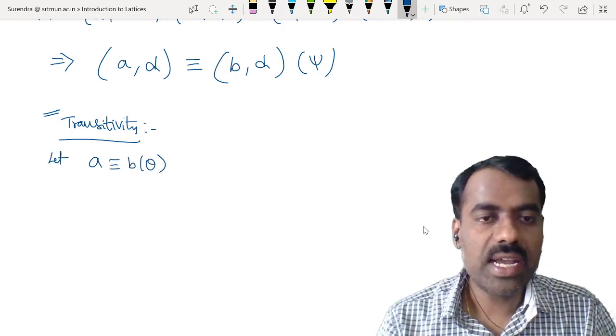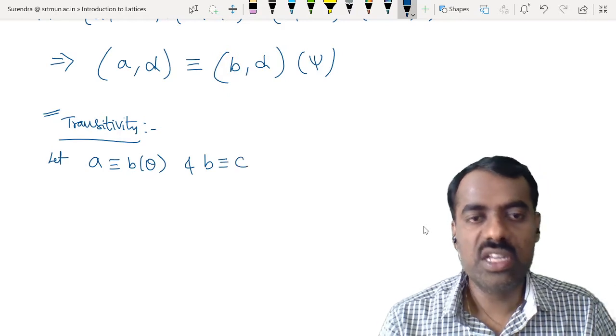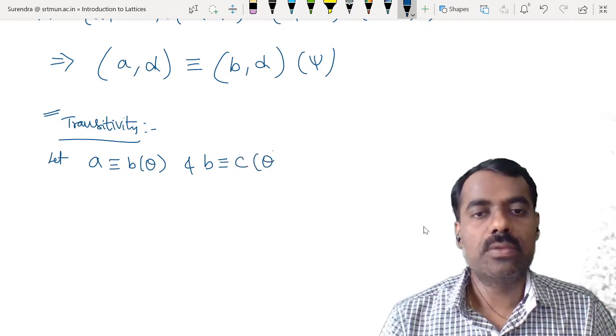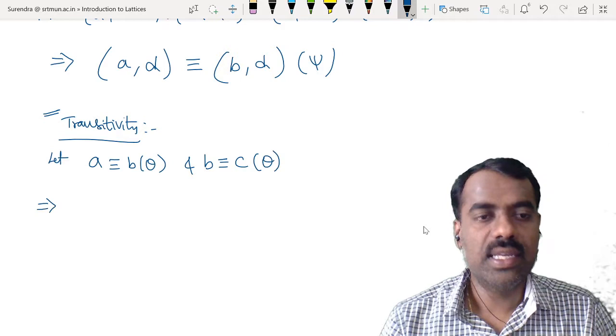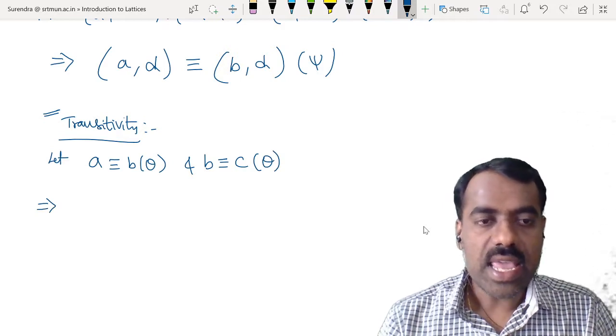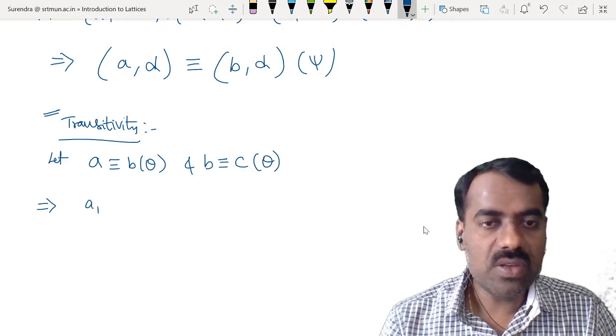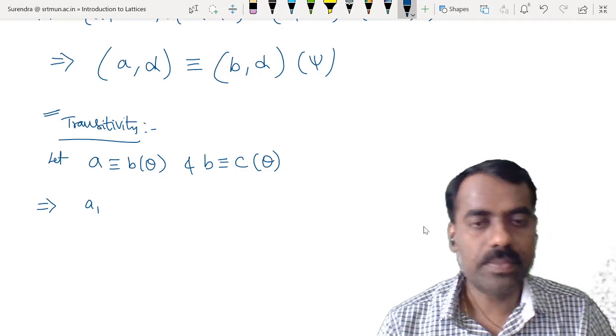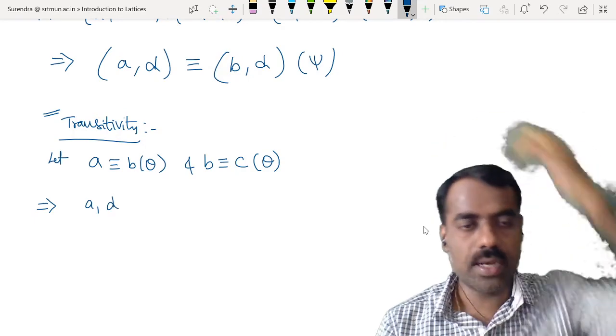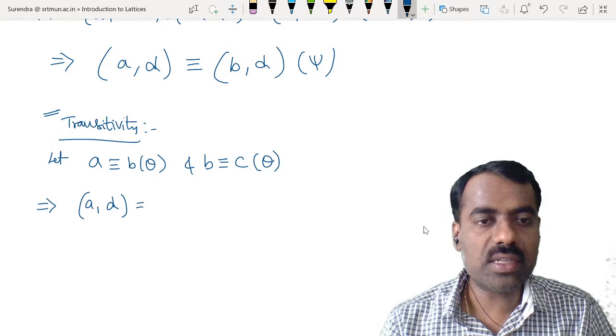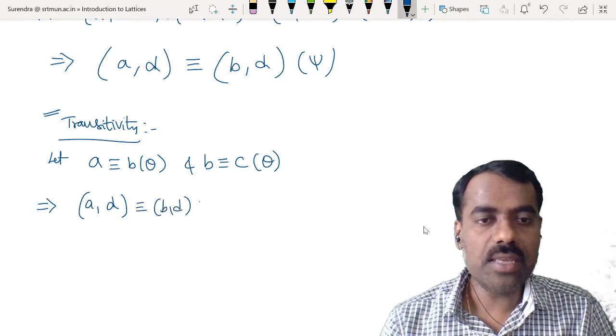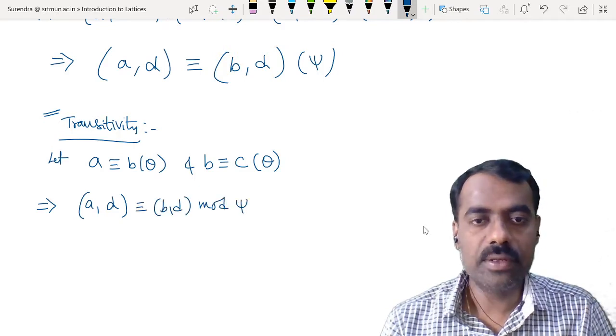So I am writing again, and let B is congruent to C modulo theta. This implies I can use the fact, I will use D here. Okay, so A comma D is congruent to B comma D modulo psi.